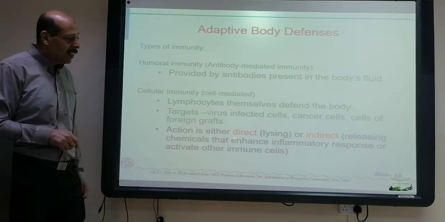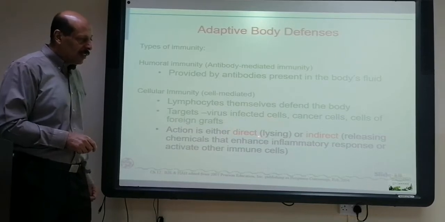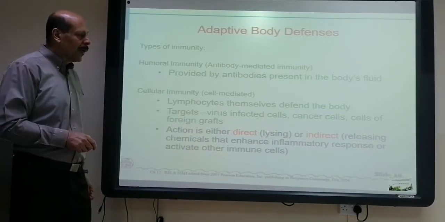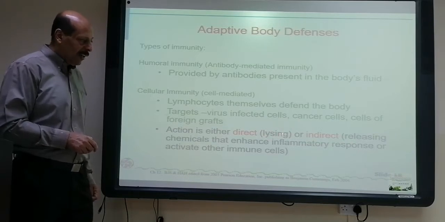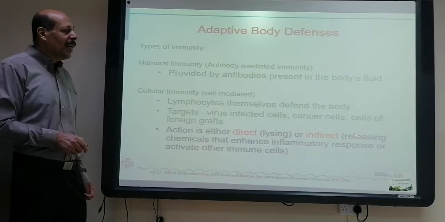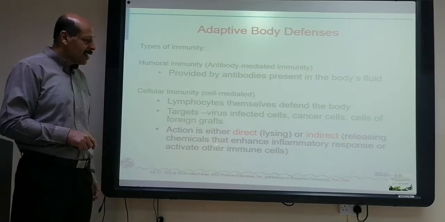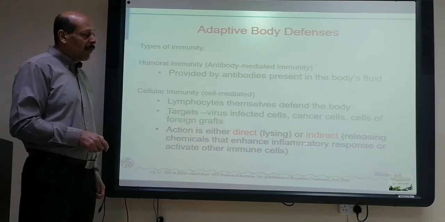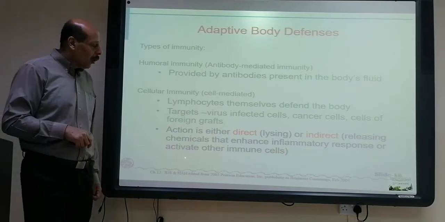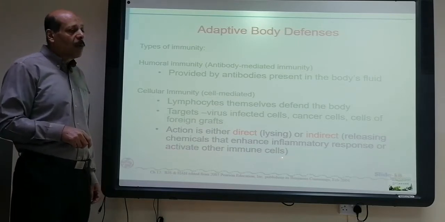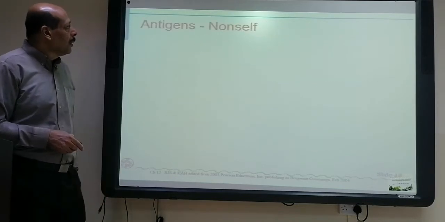So their action is either directly on the antigen, leading to lysis and destruction of that cell or that foreign antigen, or it might be indirect, by releasing chemical substances that enhance the inflammatory response or activate other immune cells.